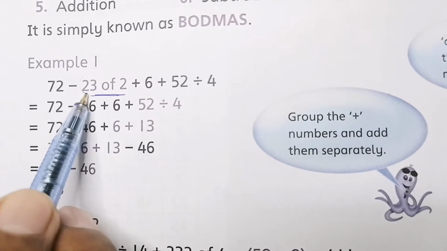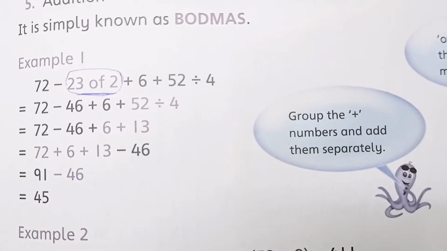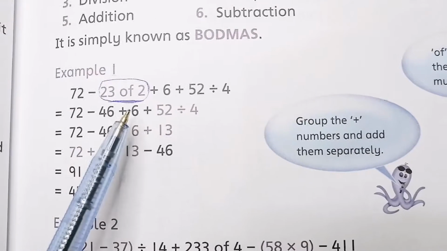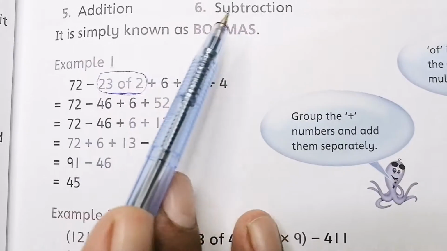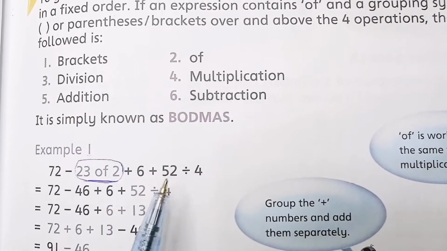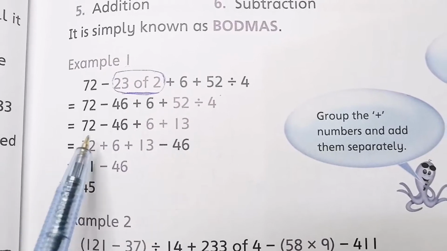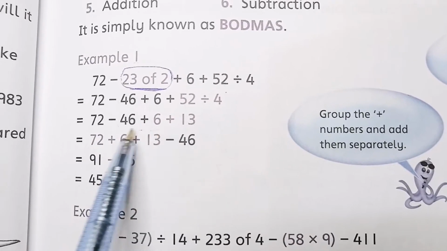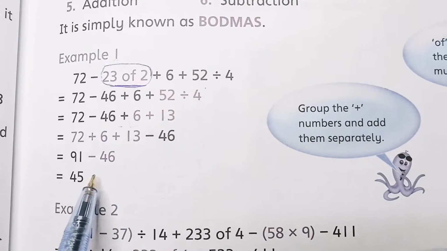So this is how you will operate the order of, right? Similarly, next you will go according to the order of the operations. First you will solve division, right? Then after division you will solve addition, right? And then after addition you will solve, in the end, subtraction.